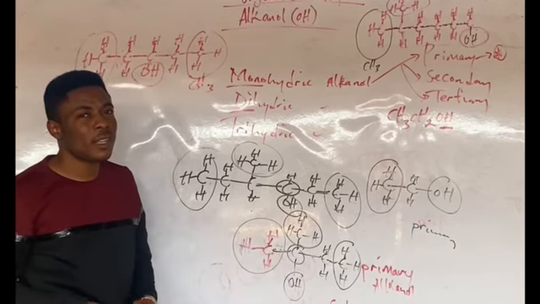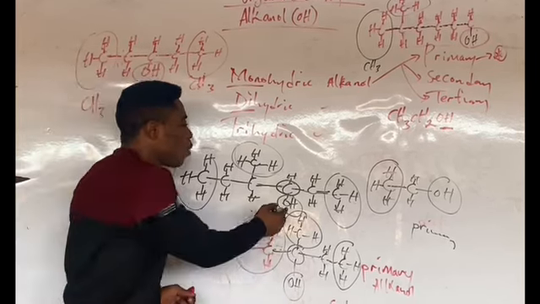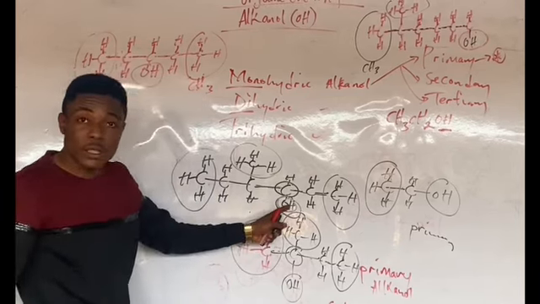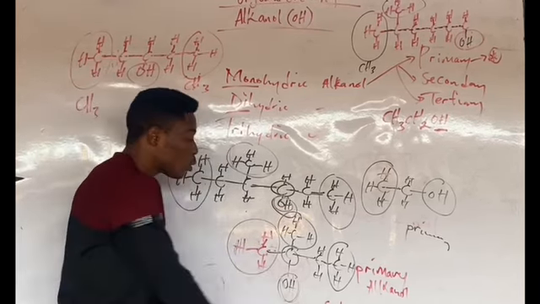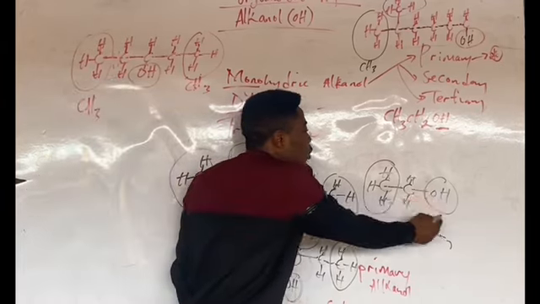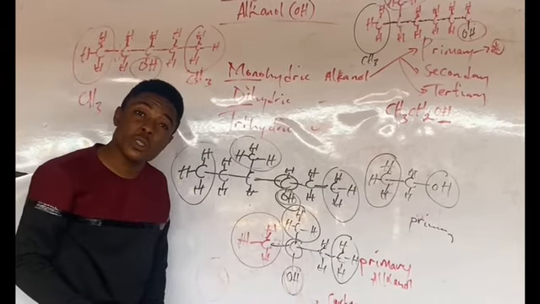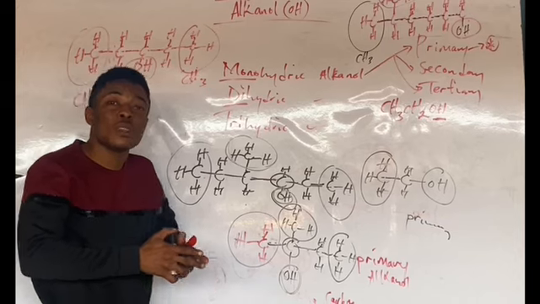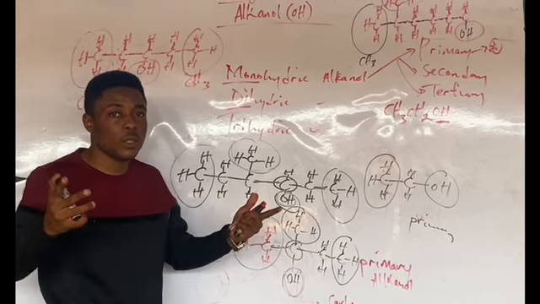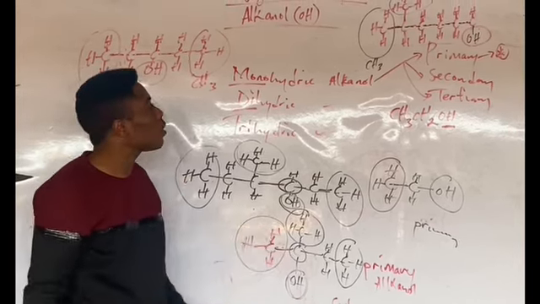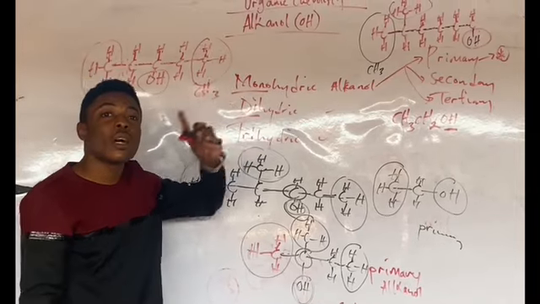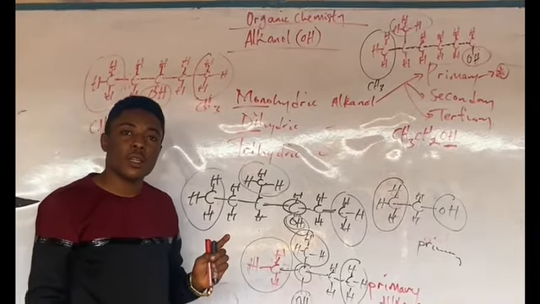Do you know why? Only one hydroxy group present. And of course, since there is only one hydroxy group present, what type of alkanol is that? A monohydric alkanol. Okay? Good.